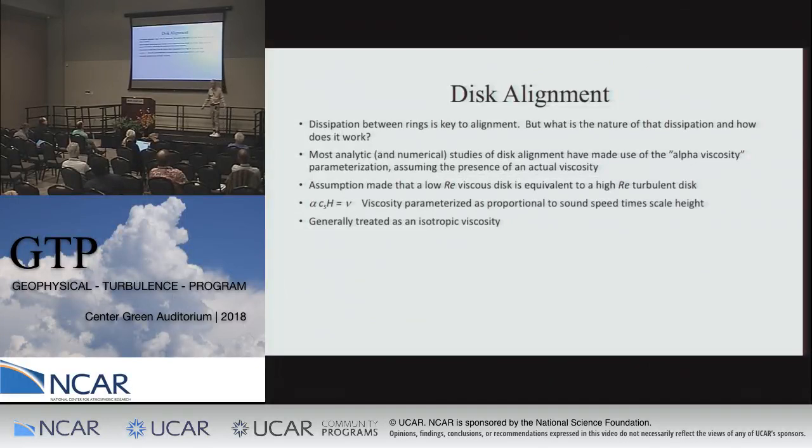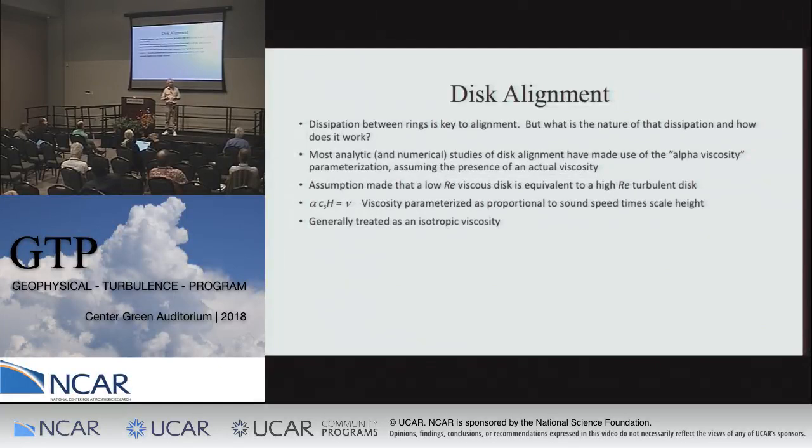Okay. Now, this is a joke. You can go to an accretion disk meeting, and the person up there giving the review talk will say, we have known since 50 years ago that the actual molecular viscosity of the accretion disk is far too low, by orders of magnitude, to possibly accomplish the evolution of the accretion disk.